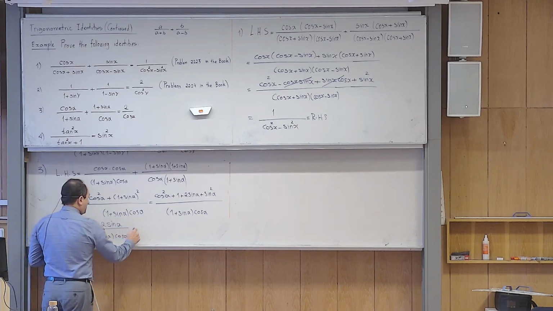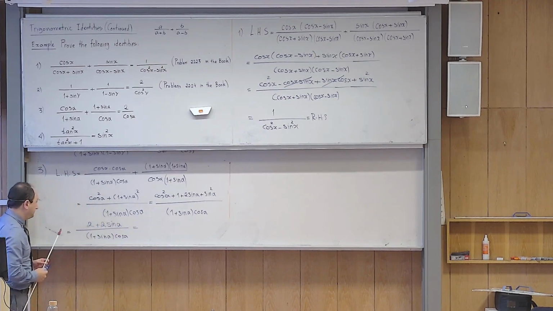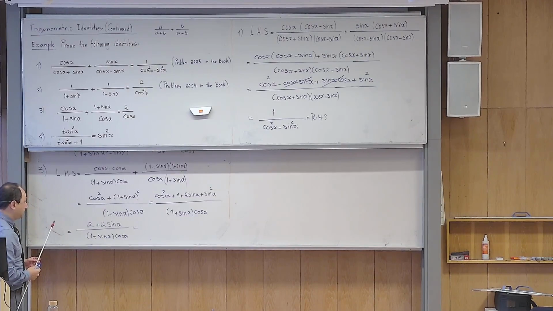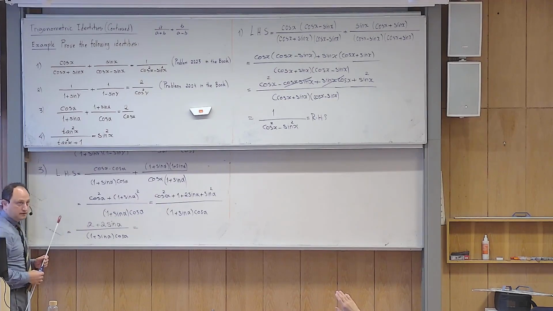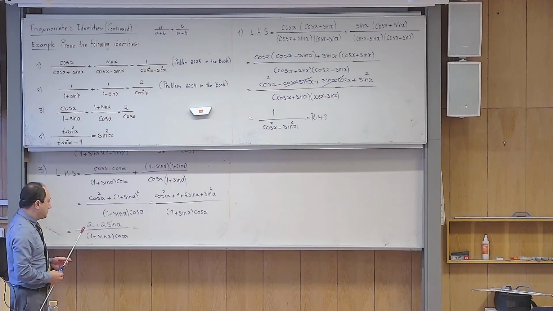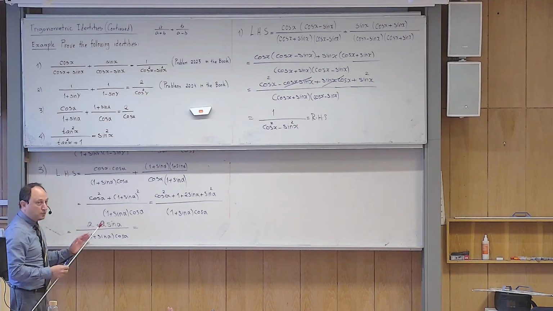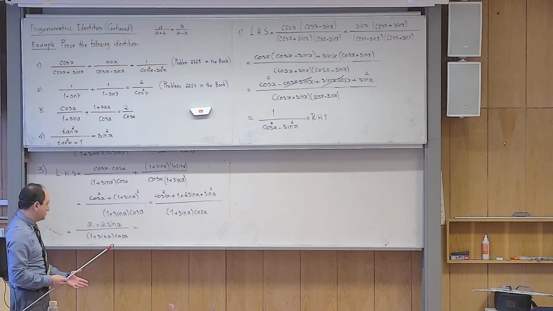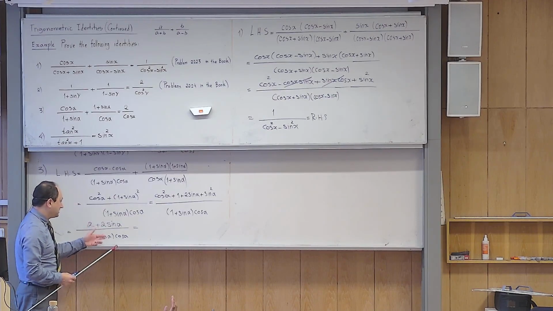What is the next step, do you think? Yes? Open the brackets a little. No, it doesn't. It's not good. I told you, don't open it up, okay? Unless you're sure that nothing else can be done.